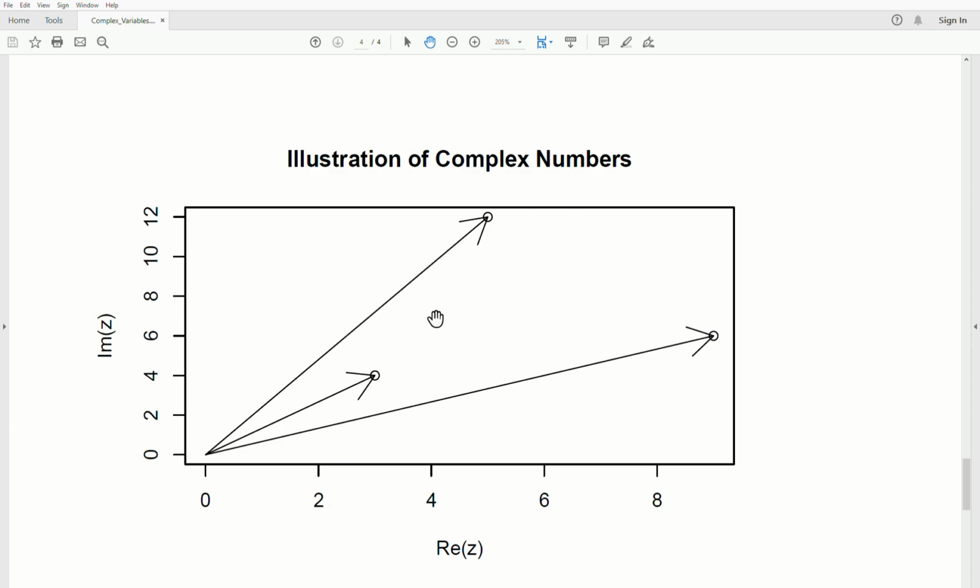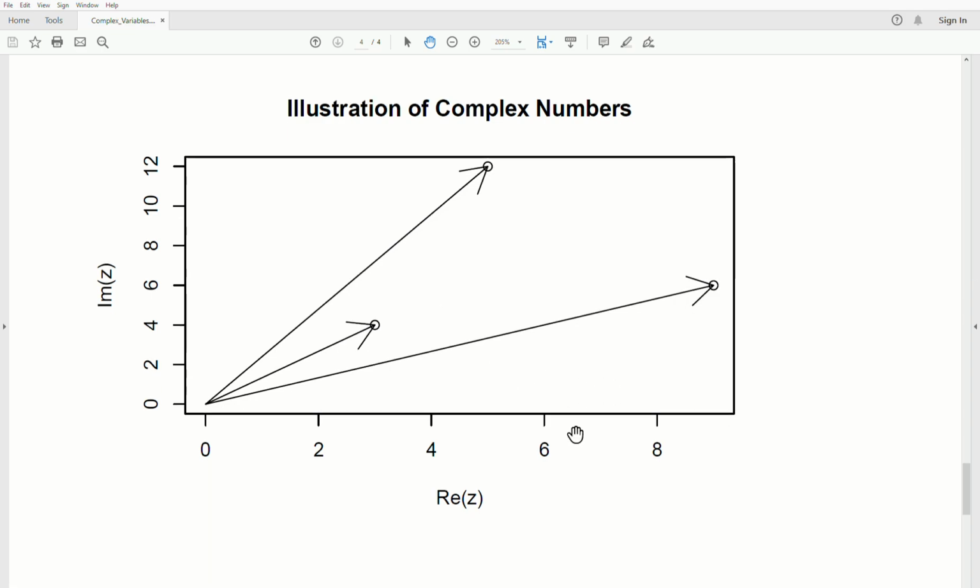So the plot function creates those dots. And many people think of them as just dots in this two-dimensional plane where the abscissa is the real component and the ordinate is the imaginary component. Sometimes it's advantageous to think of them as vectors originating from the origin. And so this is another representation.